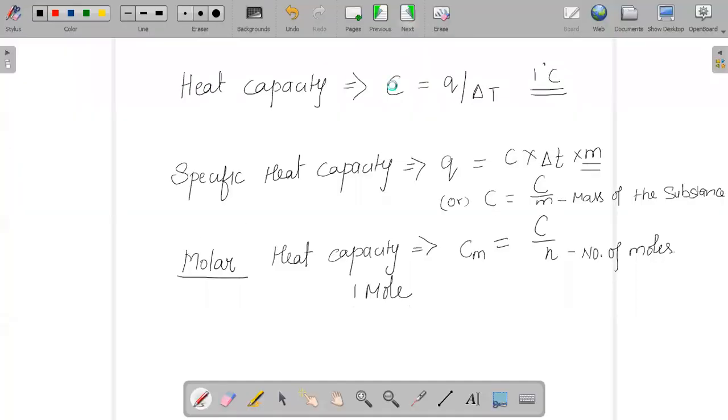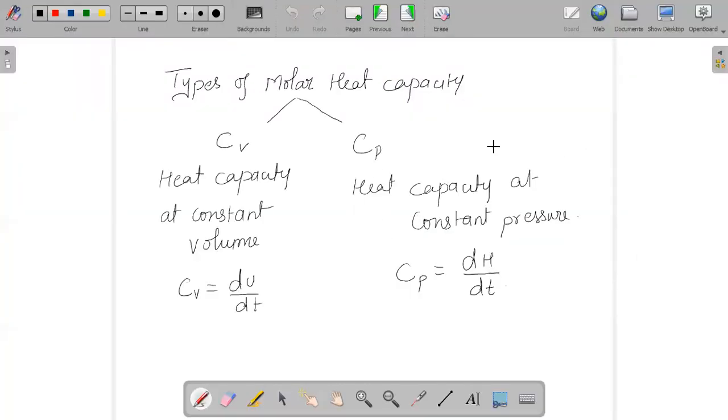So the next concept is a very important relation. We all know Cp minus Cv is just a different concept of our molar heat capacity, or we can say types of molar heat capacity, Cv and Cp.